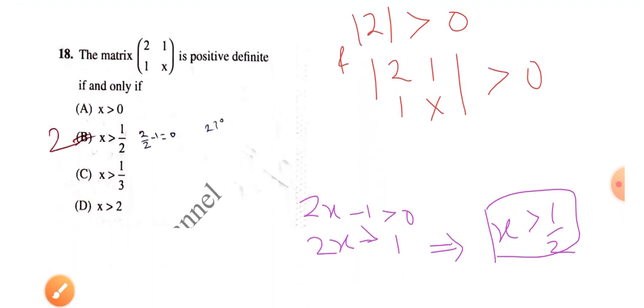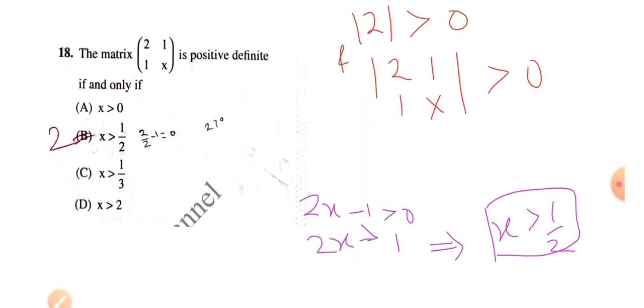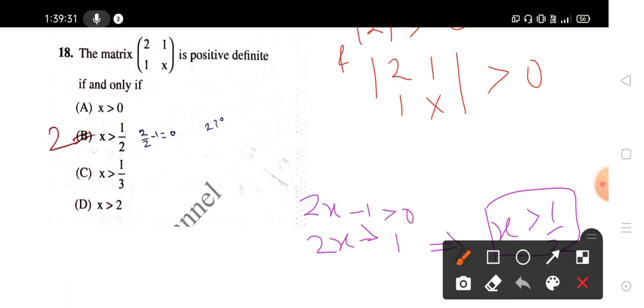Next question. The matrix 2 1 1 x is positive definite depend only. What is a positive definite matrix? All principal minors are greater than 0. Then that matrix is a positive matrix, or all eigenvalues are positive, then that is said to be a positive definite matrix. Here given matrix, and 2, determinant of 2 is greater than 0.